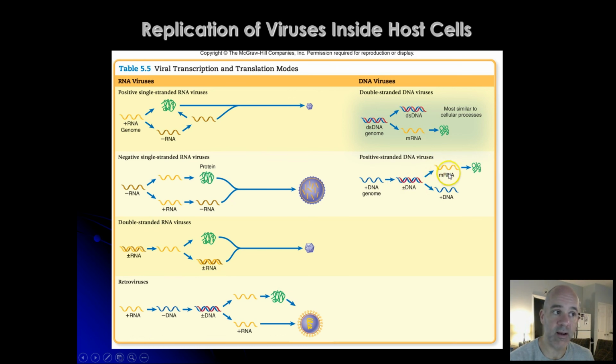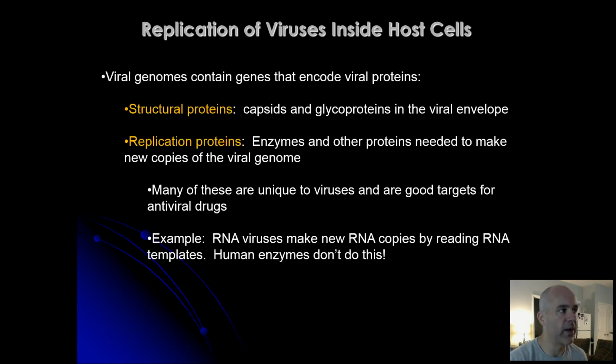You do transcription of the genes, and then you do translation to make the virus's proteins. So not all viruses, some viruses behave very much like our genomes do. But then you've got these other types of viruses that do things that violate all of the rules. That central dogma of going from DNA to RNA to protein does not always hold up when it comes to viruses.